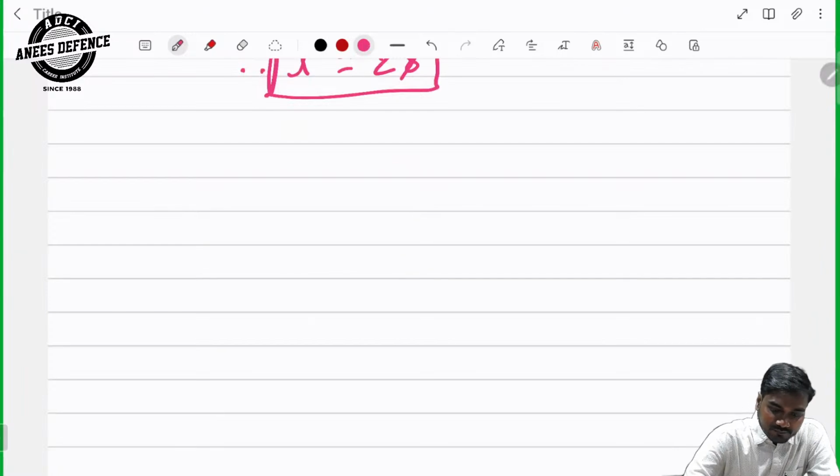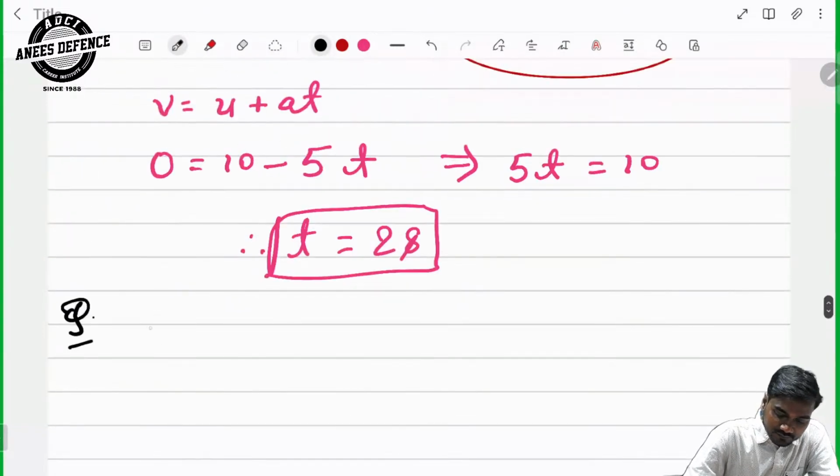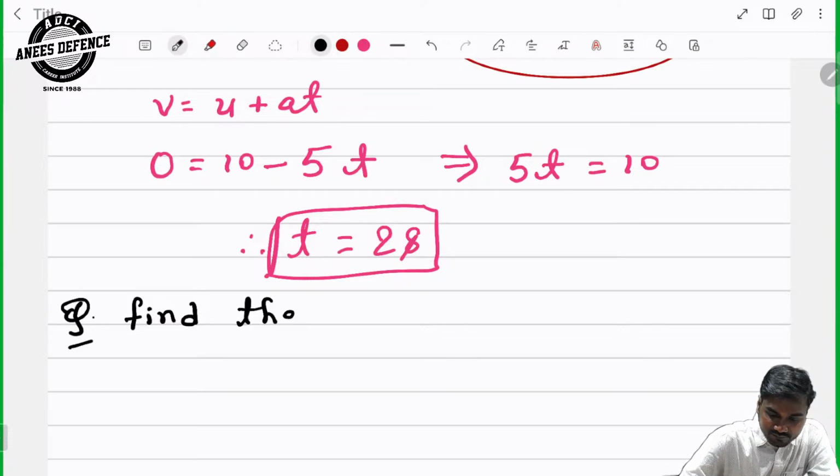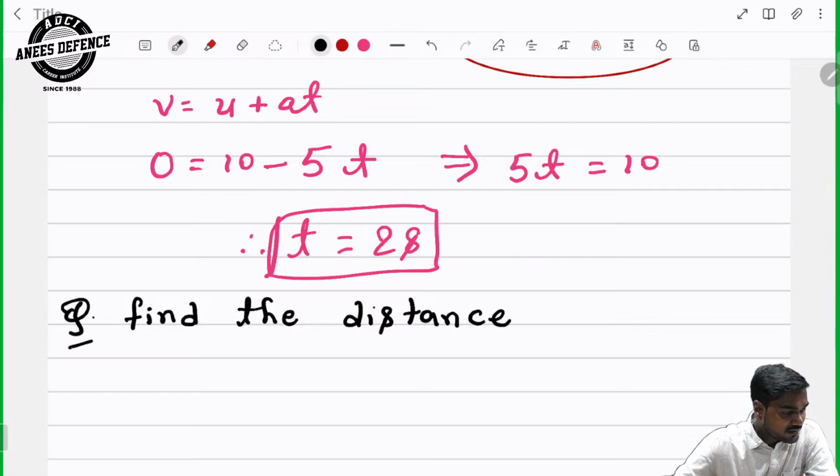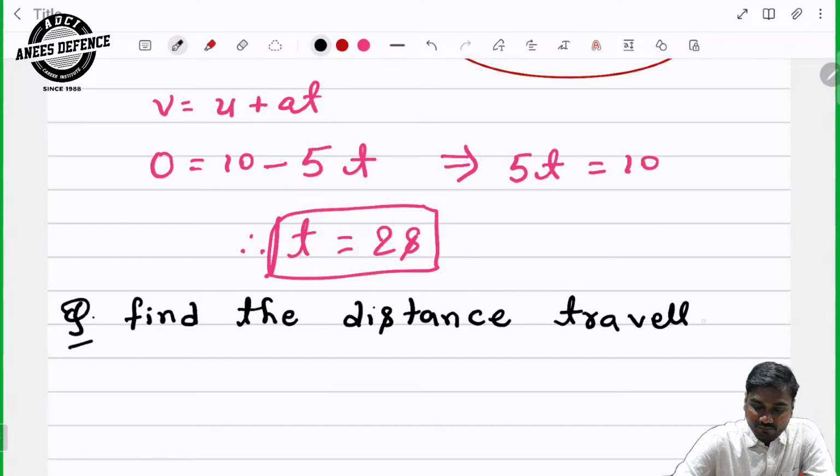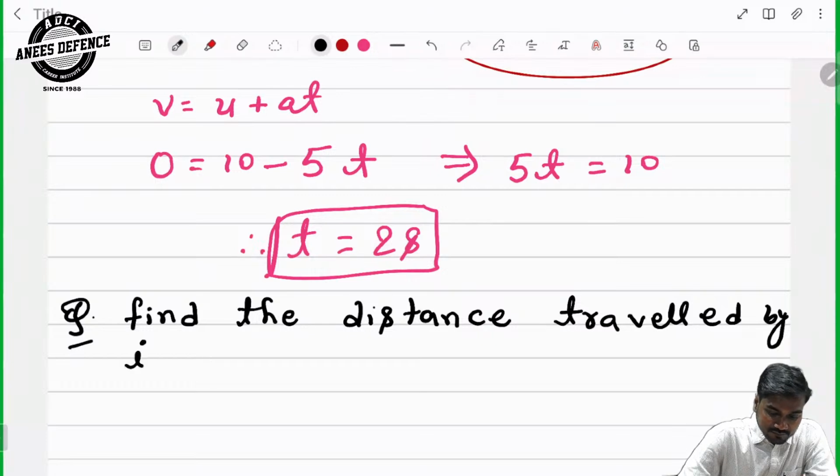Next question. Find the distance traveled by it in 6 seconds.